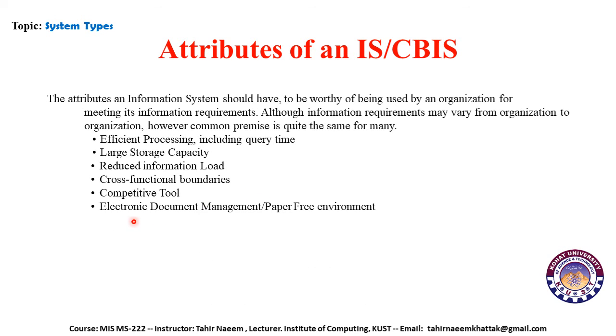And the last one is electronic document management, or a paper-free environment. The information system must be able to operate seamlessly, with electronic document management, and we should be able to operate in a paper-free environment.